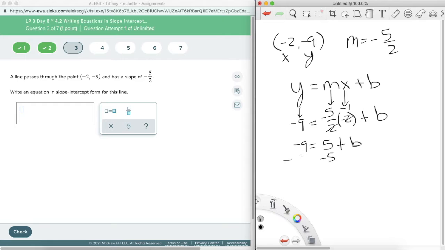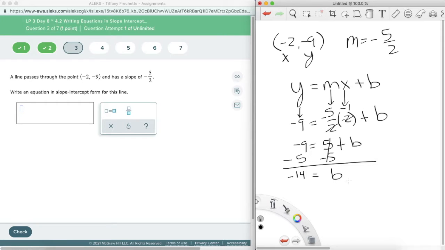So I have negative 9 minus 5, and if we think of our number line again, we have negative 9, and we have negative 5. They're both negative. They're both going in the same direction. So I'm going to add them and keep the negative sign. So it's negative 14 equals 5 minus 5 cancels, and we get b.